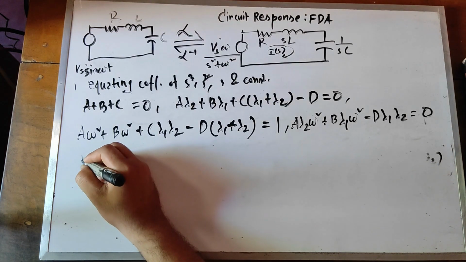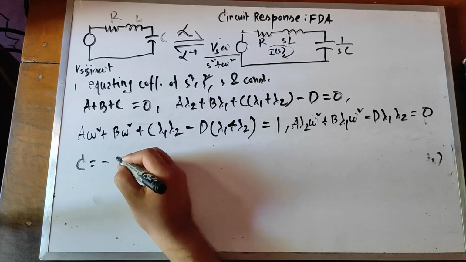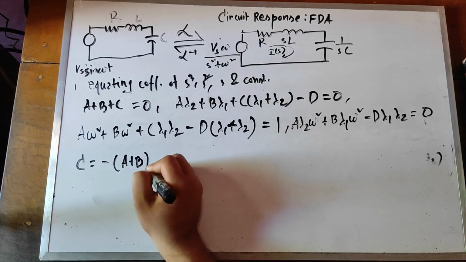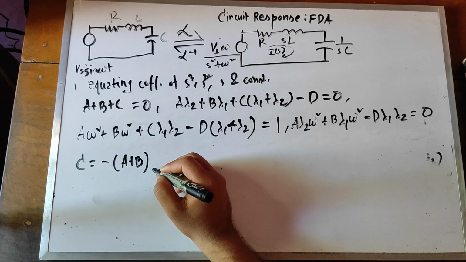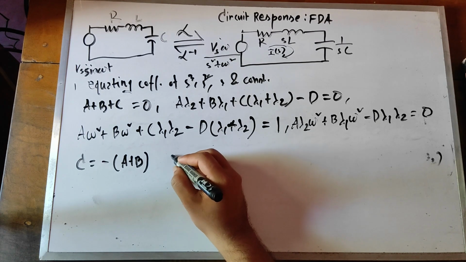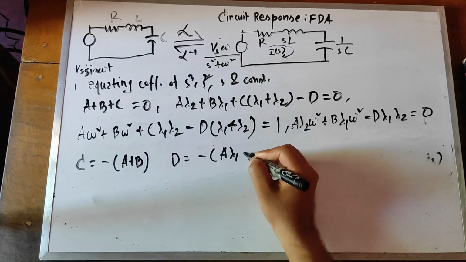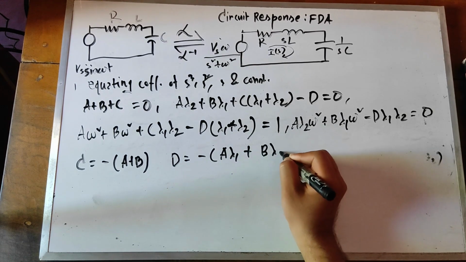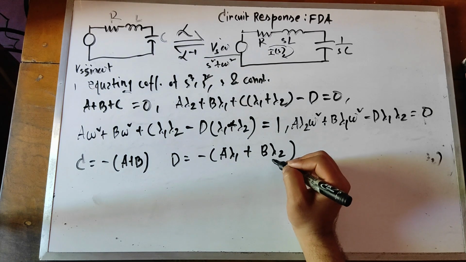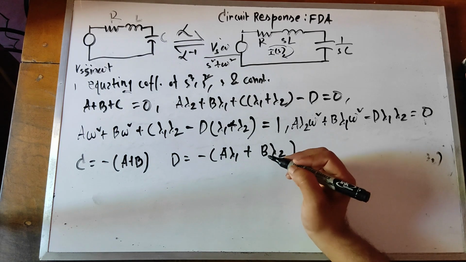So here C is obviously minus (A plus B), and D is minus (A lambda 1 plus B lambda 2), so this is easily the case.